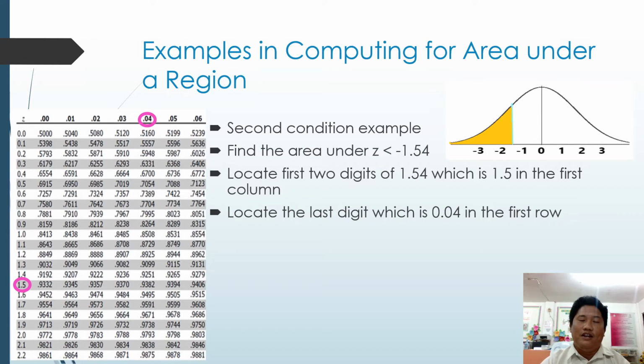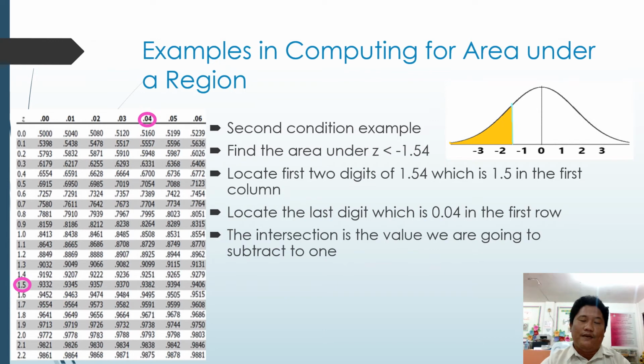Okay, we have already the 0.04 and then the intersection. So based on our second condition, the answer for the intersection is we are going to subtract it from 1. The value in our table at the intersection is 0.9382.